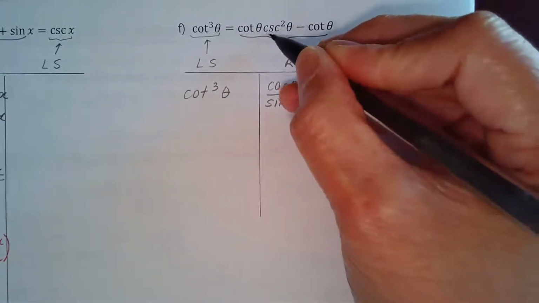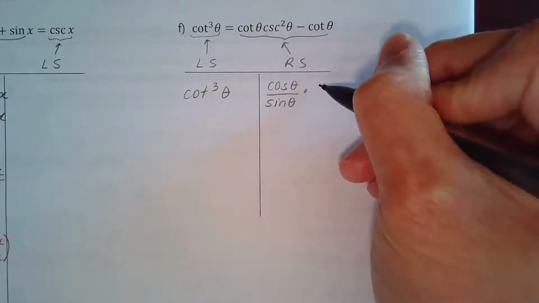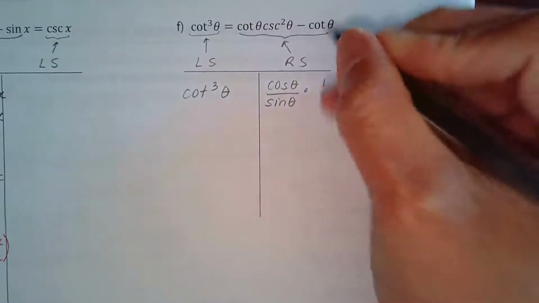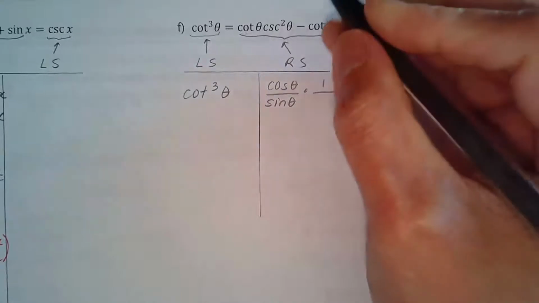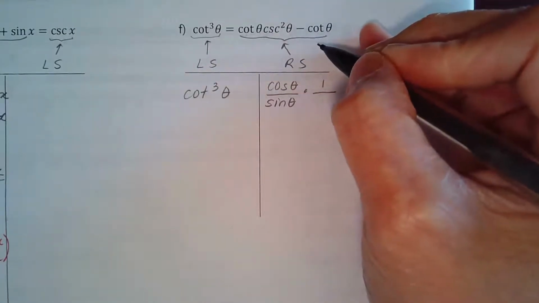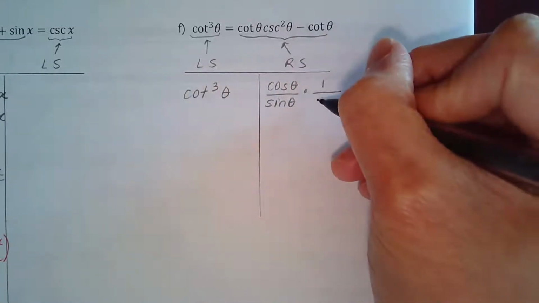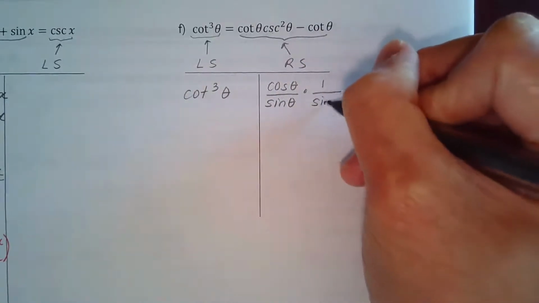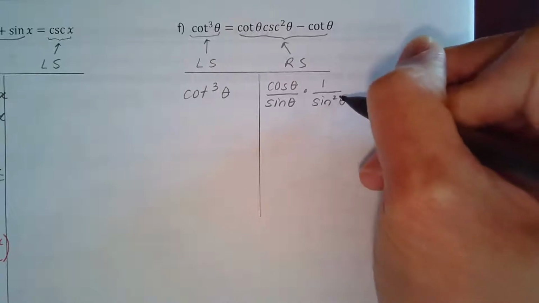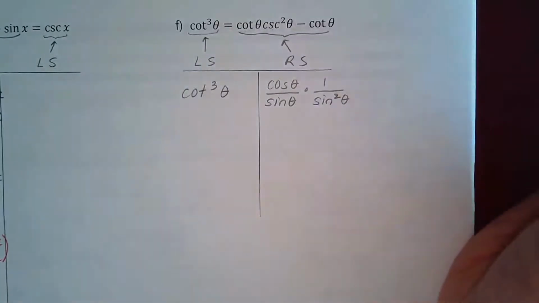Well, cosecant theta is the same thing as 1 over sine theta, but then this is squared, so it's going to be 1 over sine squared theta.